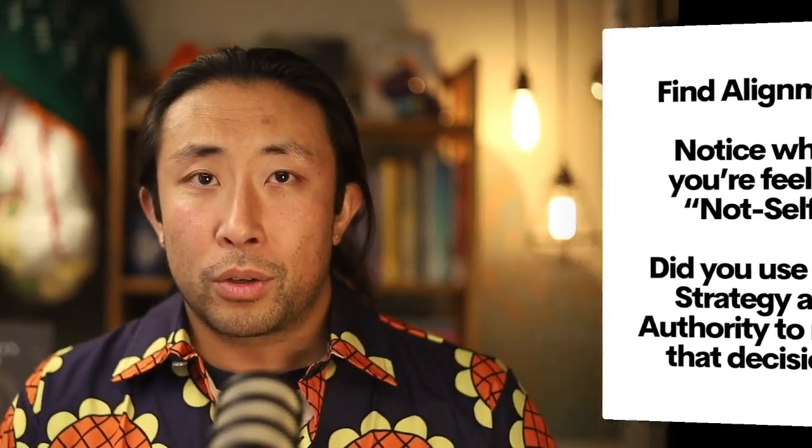So really, as you're going through this whole process, one thing is you can reflect back on previous decisions, things that led to frustration, and then you can understand whether or not you followed your strategy and authority. Like, is it something I responded to? Is it something that I just tried to make happen without something in my awareness to respond to, or is it something that I didn't use my authority for? So think about that for a little bit.